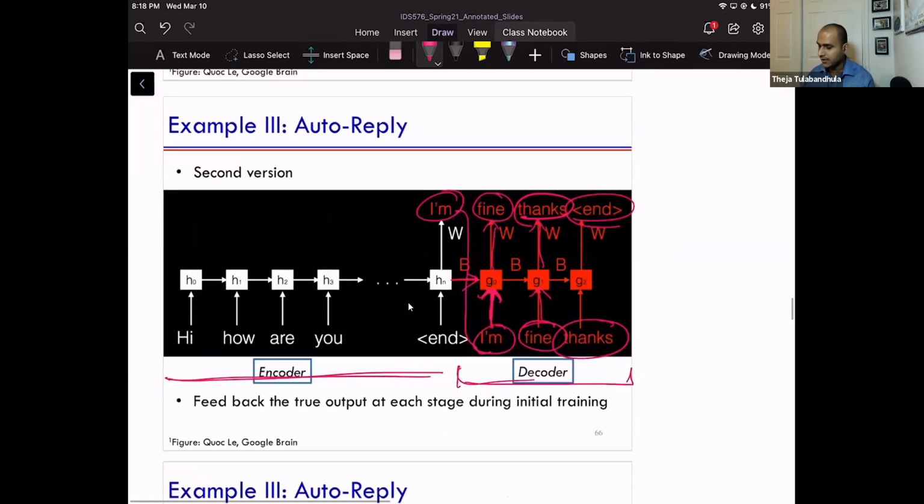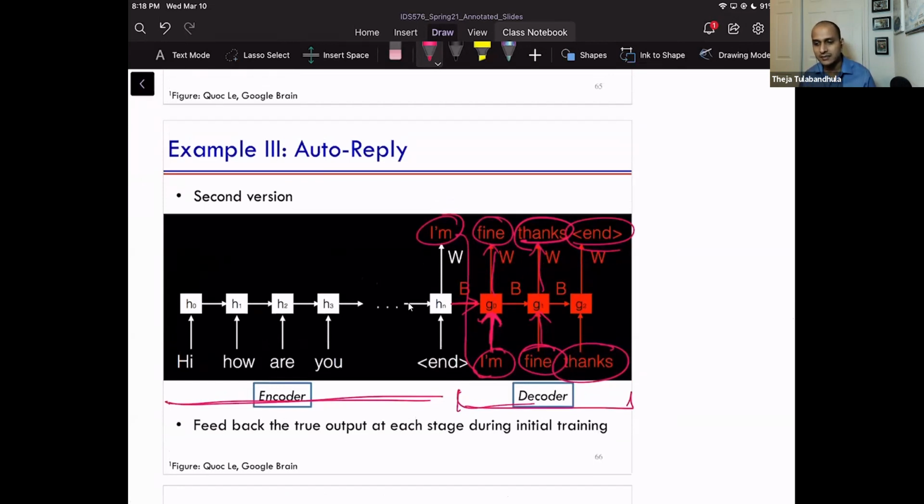Any questions about this encoder-decoder? It's just a designation that has been given to when you're only parsing the input sequence, then you call the corresponding RNN stages or the RNN blocks the encoder, part of the encoder. And when you're parsing the output, right? So you need to do something interesting, because you need to pass the true words.